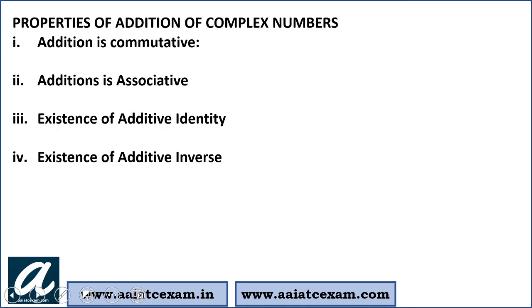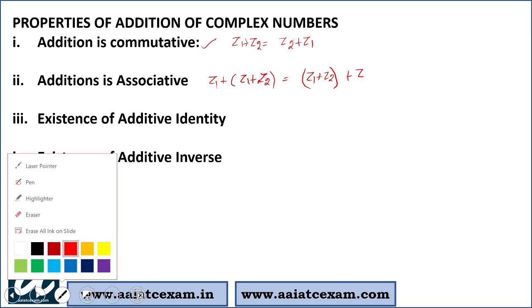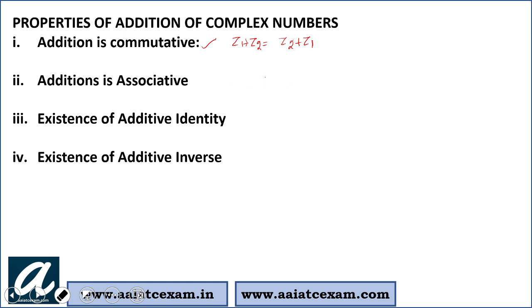Now, what are the properties of the addition? Addition is always commutative, that is z1 plus z2 is always equal to z2 plus z1. Then addition is associative. Write z1 plus z2 plus z3.